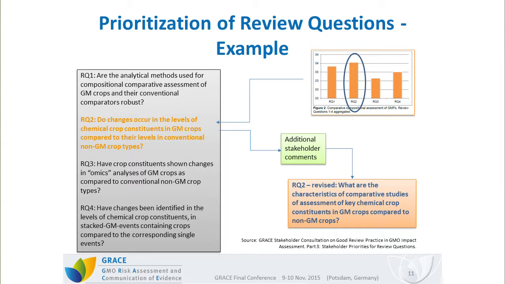In this case we could clearly identify a highest-ranking question that was then processed further, and based on additional stakeholder comments, this question was eventually reformulated and the review protocol was developed. You will see the results of these evidence maps presented, I believe, after lunch.